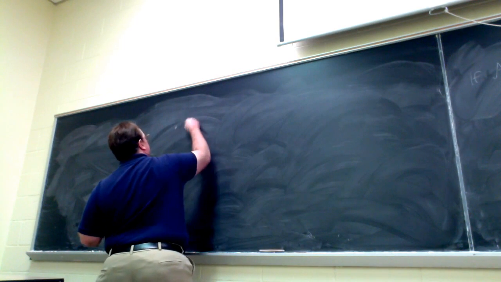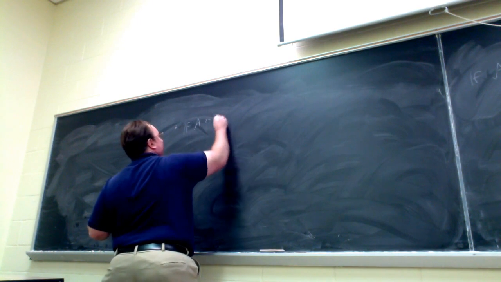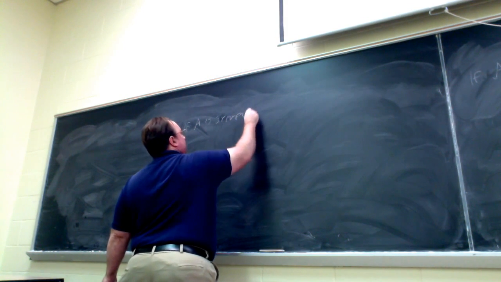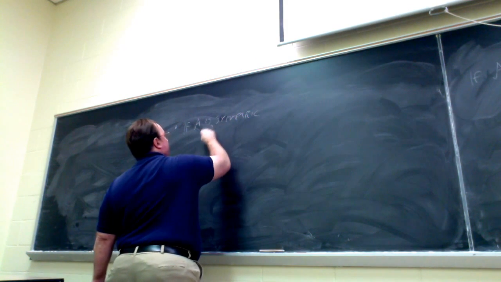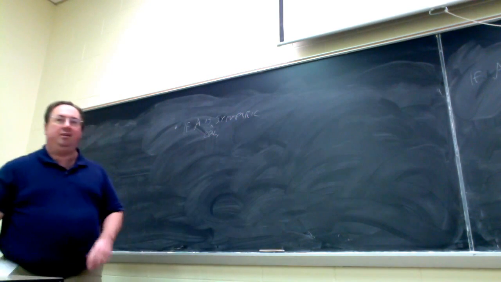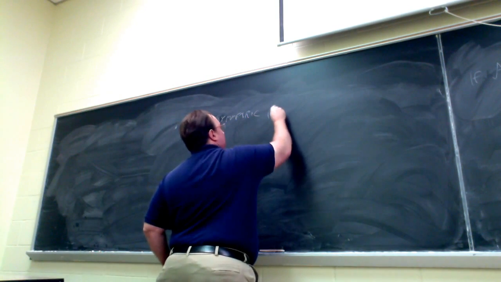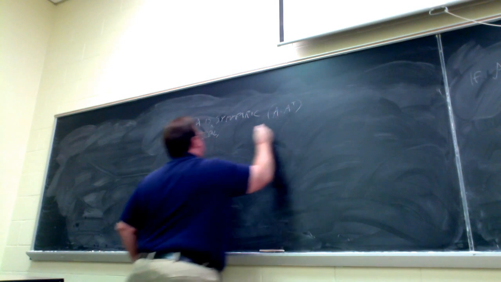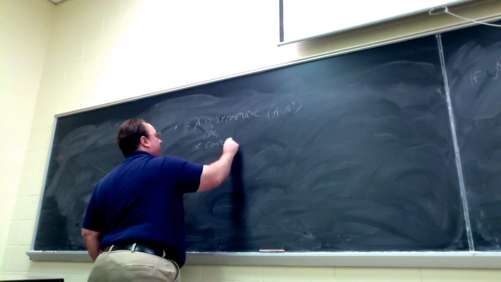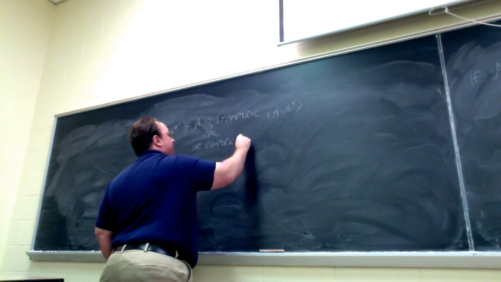Speaking of symmetry, that's my next property. A is symmetric. Actually, I should say real and symmetric. So in other words, A equals A transpose. And the other scenario is complex and Hermitian.